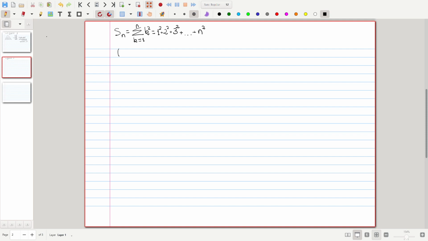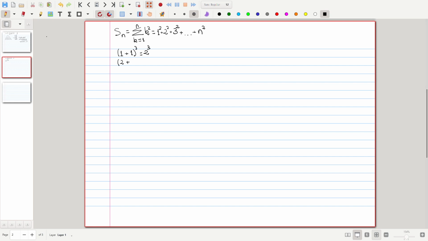I will take the values of k from 1 to n and raise them to the third power, to the cube. So I have (1 plus 1) to the cube equal to 2 to the cube.